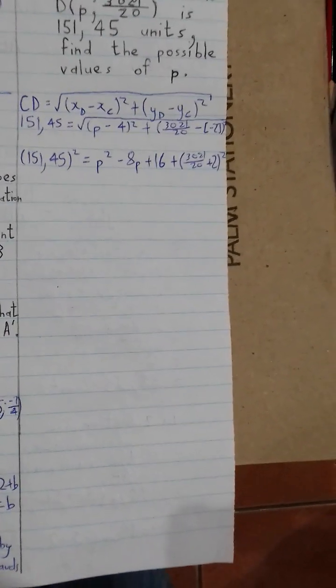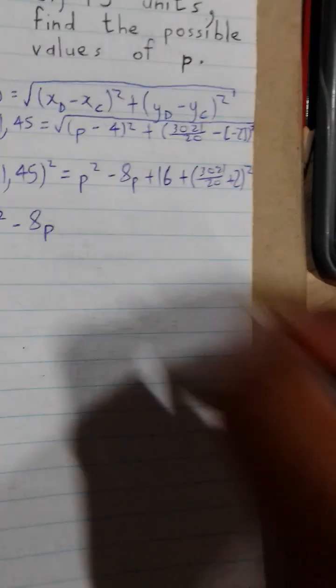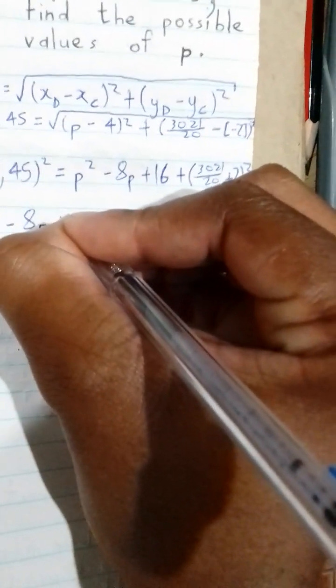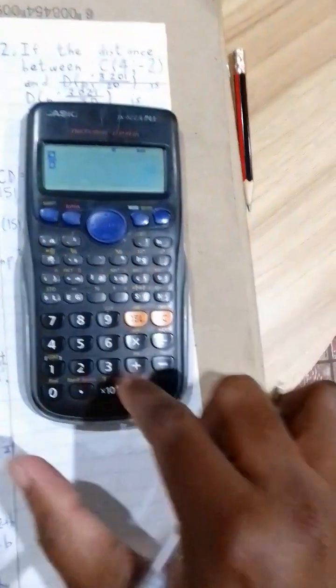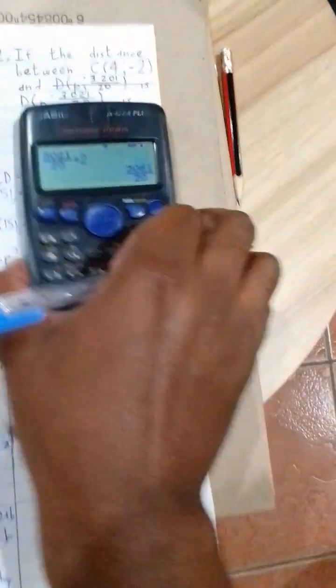Remember, everything must be equal to 0, so we're going to take this to the other side. p squared minus 8p plus 16 plus 3021 over 20 plus 2, which is 3061 over 20. Don't forget squared.